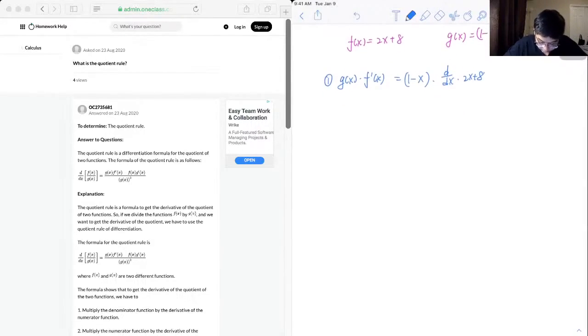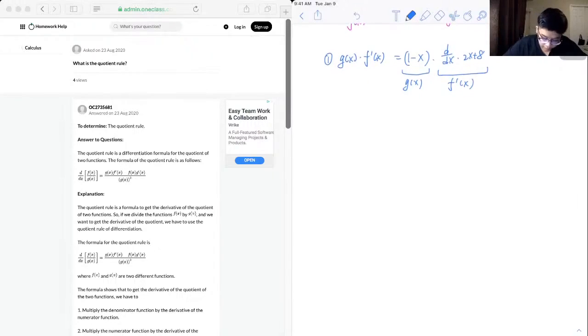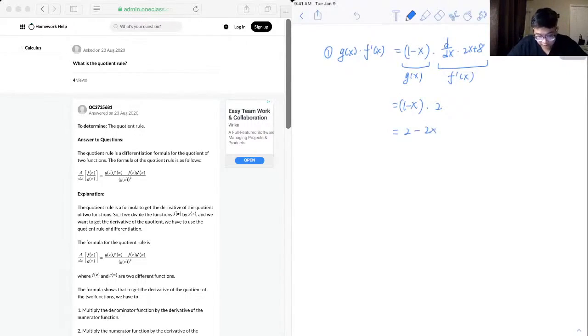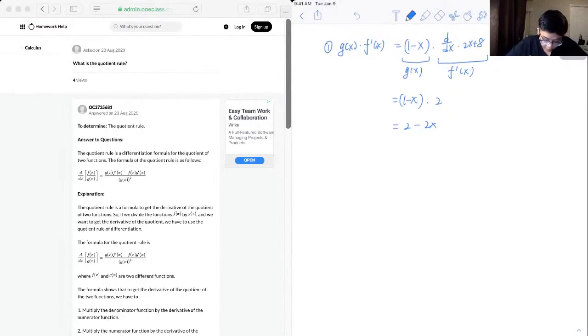So maintain 1 minus x the same. We just need to take the derivative of 2x plus 8, which is just 2. So the answer for g(x) times the derivative of f(x) is 2 minus 2x. That's all we have for step 1.